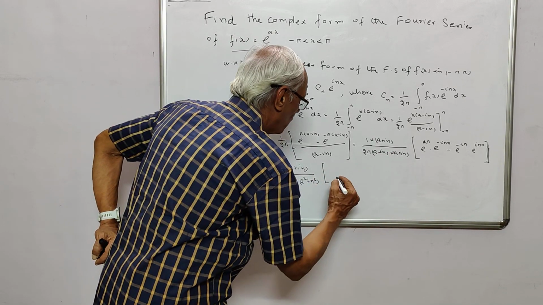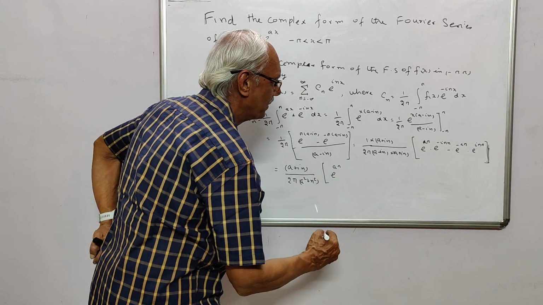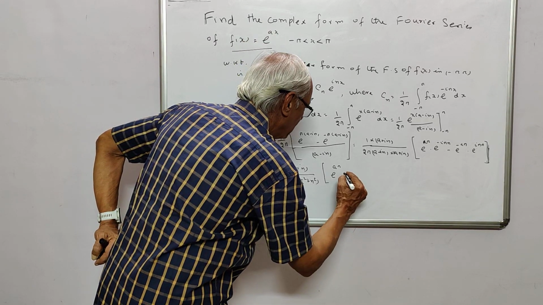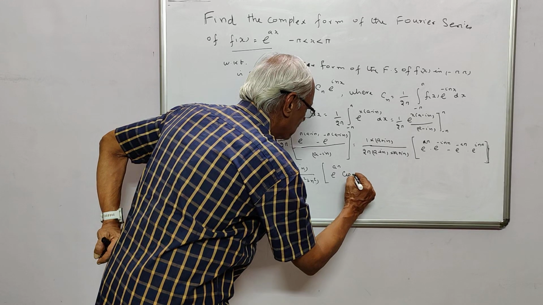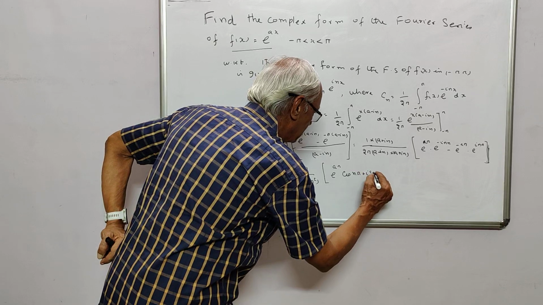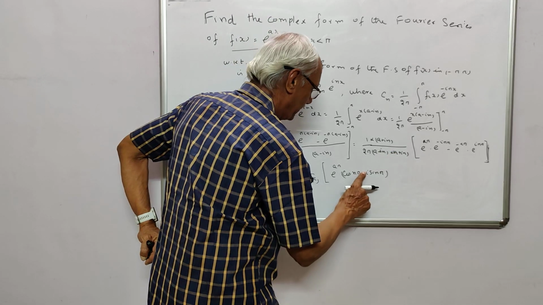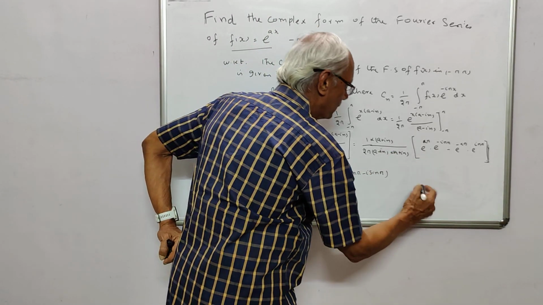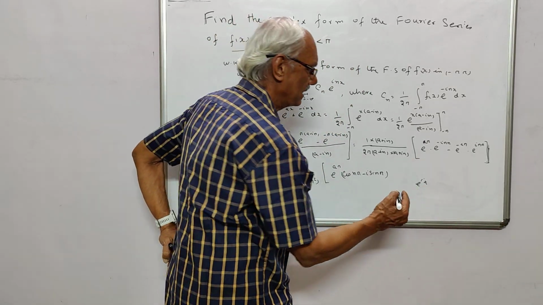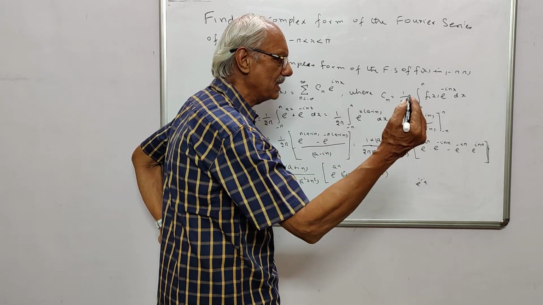Inside the bracket you have got e to the power of a pi, then I will write this as cos n pi plus i sin n pi. This is using De Moivre's theorem. It is minus... e to the power of ix is what? Cos x plus i sin x. If you have e to the power of minus ix, it means cos x minus i sin x.